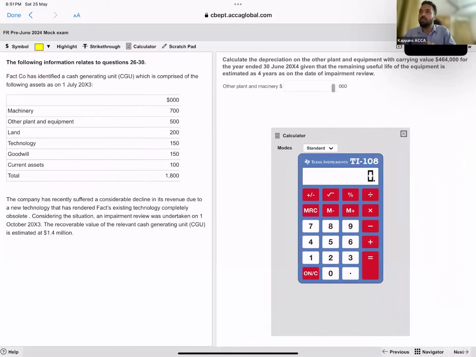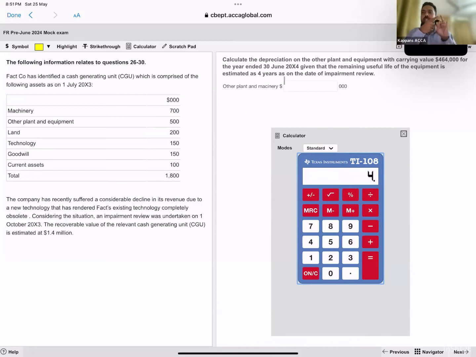So the recoverable amount of plant and equipment is given, 464,000. And once an asset has been impaired, the depreciation will be calculated on recoverable amount over its remaining useful life of 4 years. And we have to time proportion this because the impairment loss was undertaken on October X3. The year end is 30 June X4.